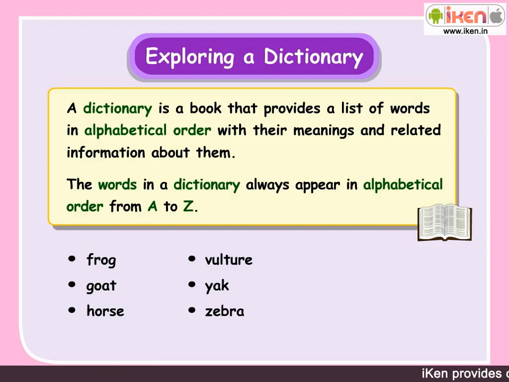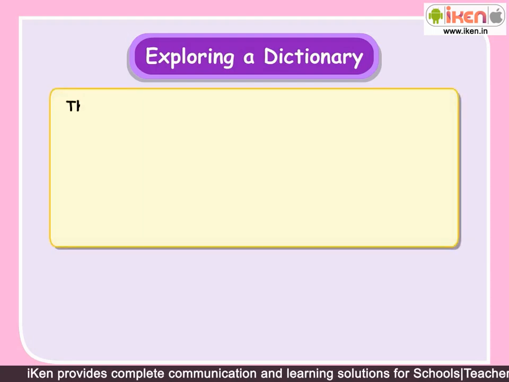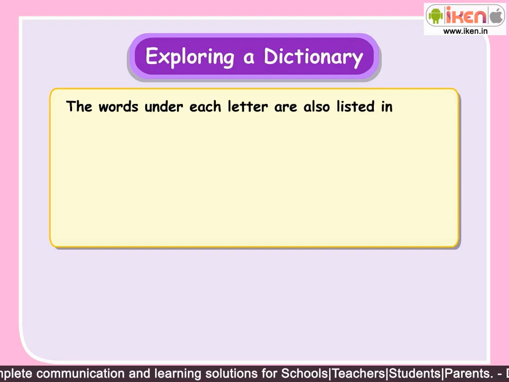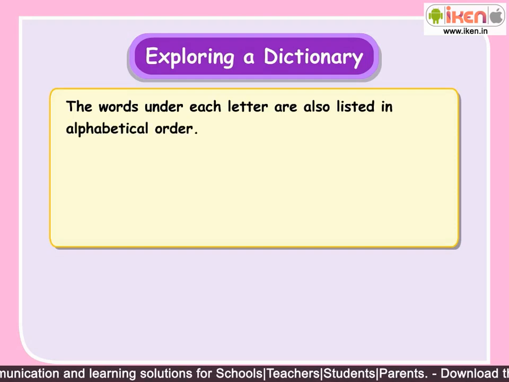So, in order to find a word in the dictionary, it is necessary to know the order of the letters from A to Z. The words under each letter are also listed in alphabetical order.